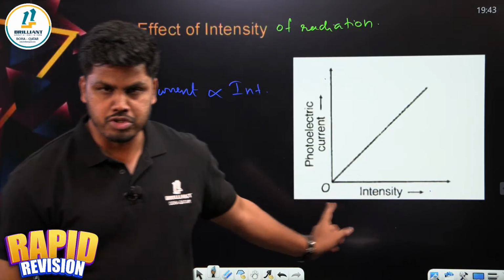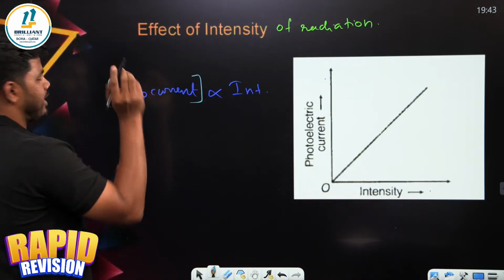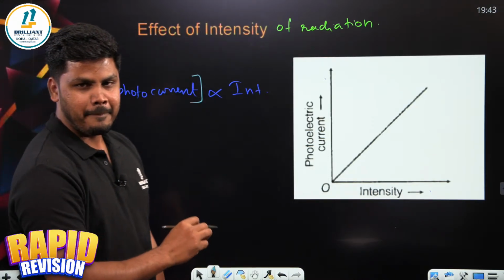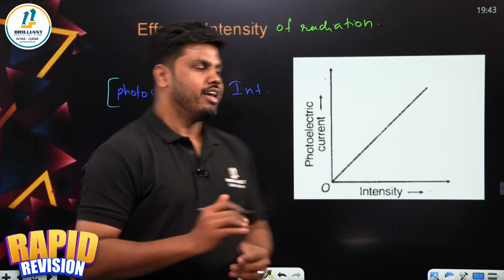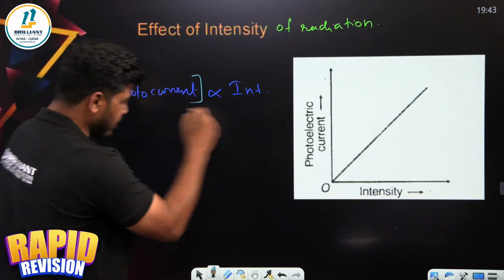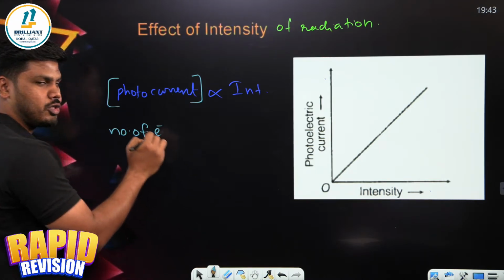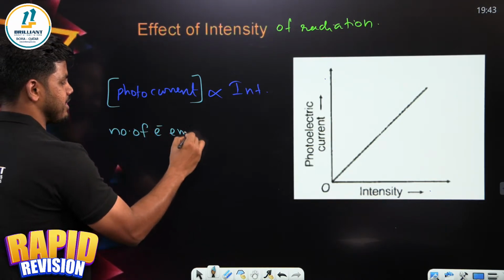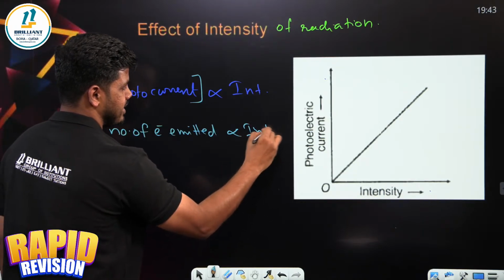Photocurrent is directly proportional to intensity, and photoelectric current is constituted by emitted electrons. If you get more current, more electrons are emitted. So the number of photoelectrons emitted is proportional to intensity.